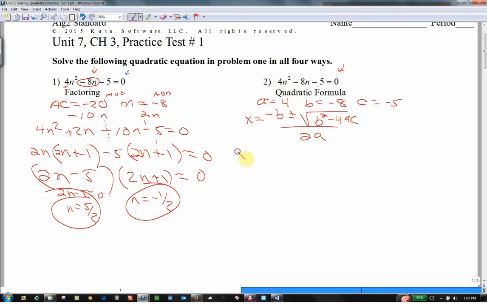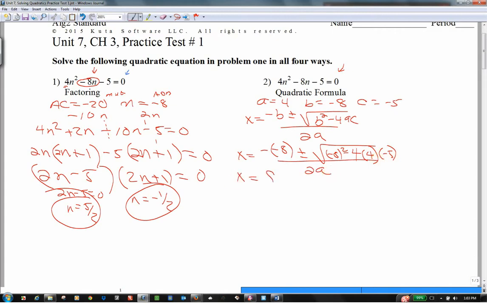So let's go ahead and plug the numbers in. X is equal to the opposite of b, minus a negative 8, plus or minus the square root of b squared. B is a negative 8, so that's a negative 8 squared, minus 4 times a times c, all over 2a.